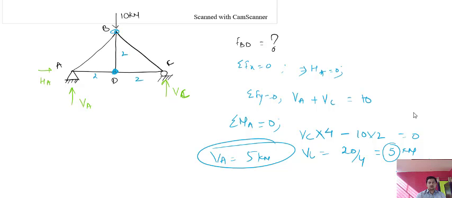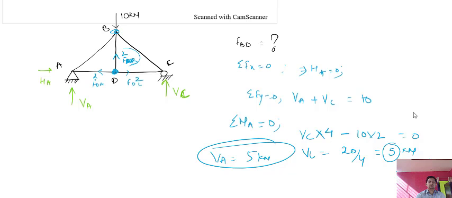Let us take FBD, which is going from here. In this member it will be FDA, or here it will be FDC, or you can also take it here as DB. So this will be the force in that member.